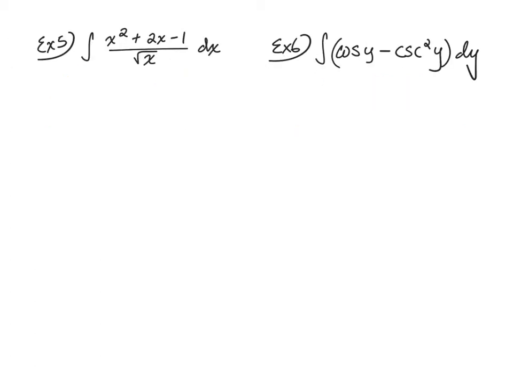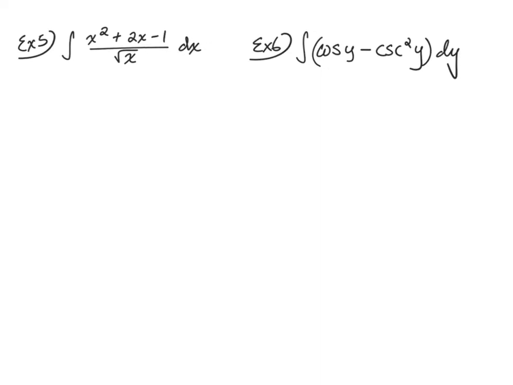All right, on this slide, a couple more examples you can see here. We have example 5 and example 6. Example 5. This should be pretty reminiscent of seeing one term in a denominator when you were finding derivatives. Well, guess what? We have to do it again here for antiderivatives.